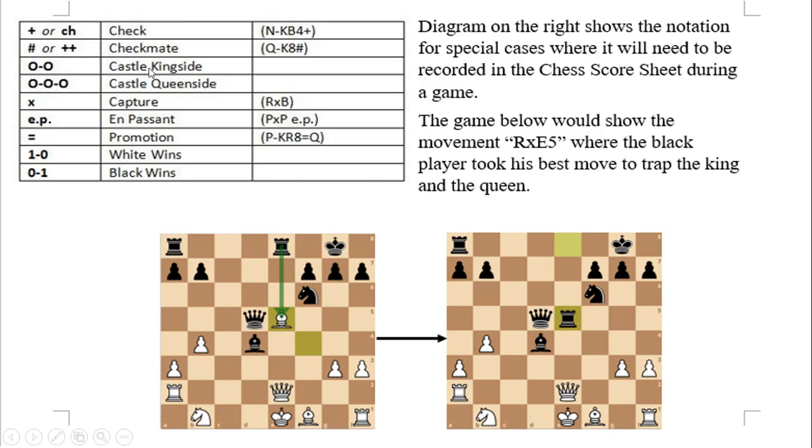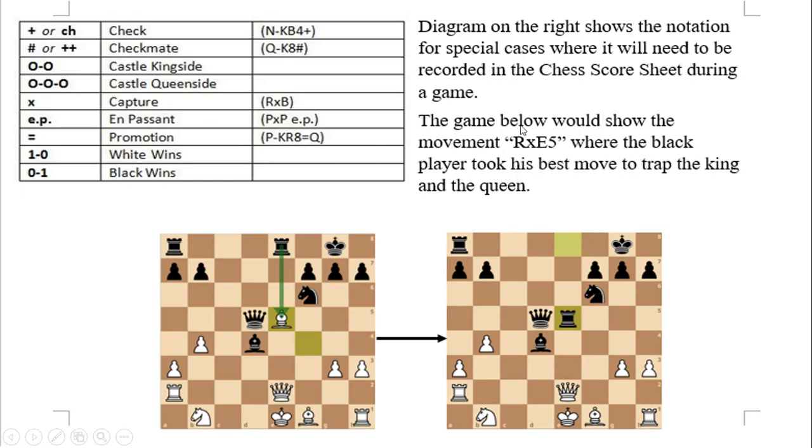For castling kingside, it's O-O. For castling queenside, it's O-O-O. For capturing, you have to put an X, for example, rook takes bishop. And for en passant, it's kind of special. You need to use the letters e.p. And for promotion, you need to put an equal sign. When white wins the game, you put a 1 on the left-hand side, and when black wins the game, you put a 1 on the right-hand side.